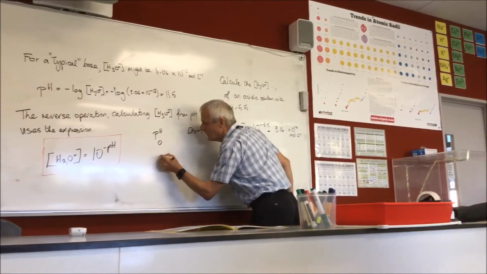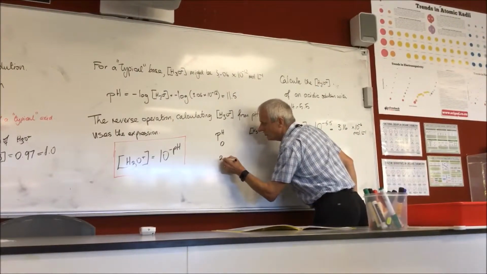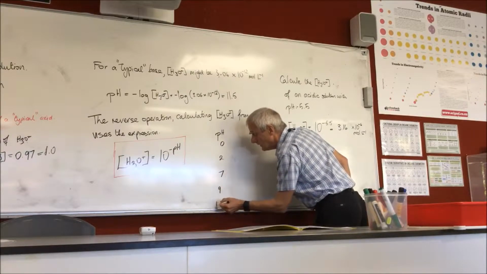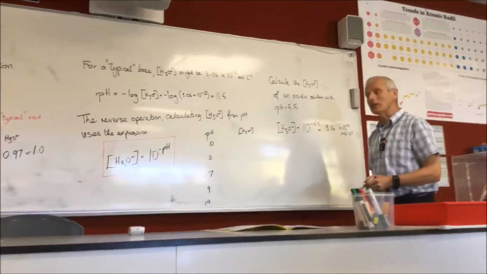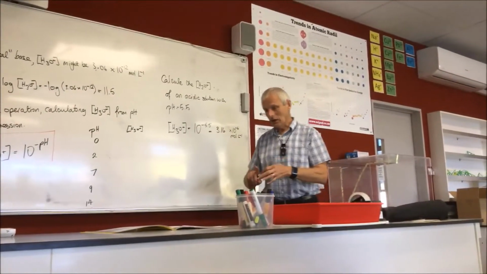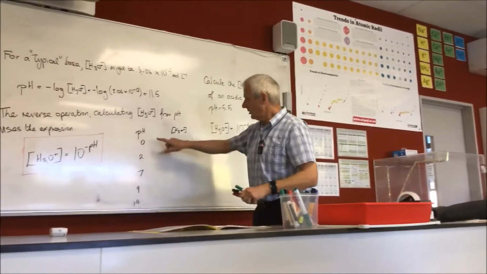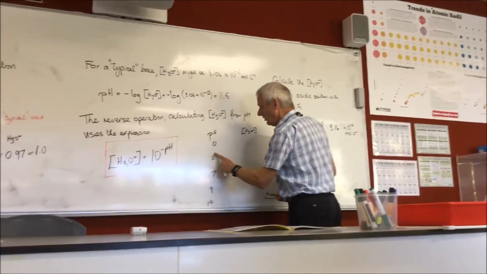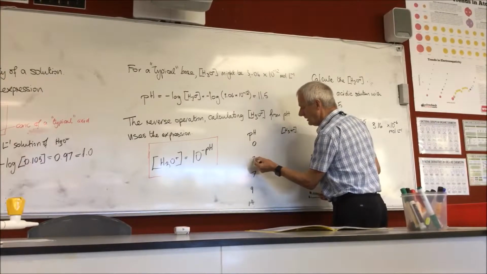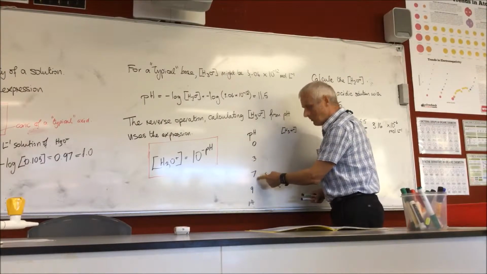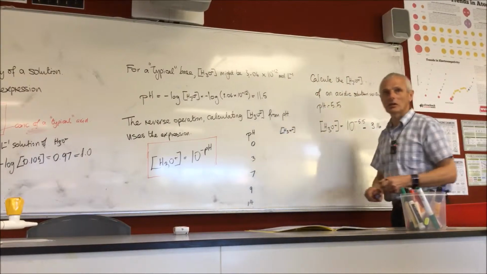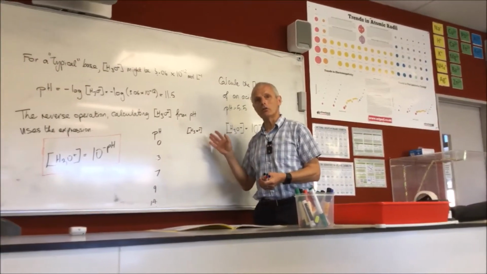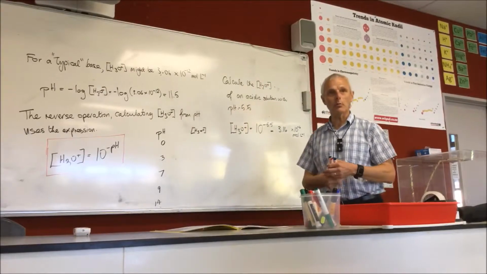So we say 2, 7, 9, and 14. So we're spreading that along the scale. So this is very acidic. Should we say 3 there? Let's put 3. This is fairly mildly acidic. Then you've got neutral, mildly basic, and very basic. And you'll see what I mean about how a logarithm compresses the scale to a manageable size.